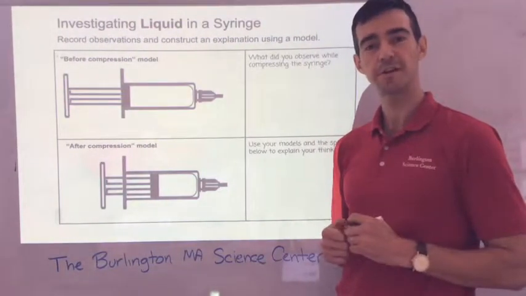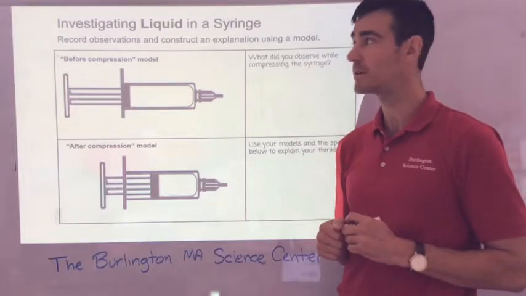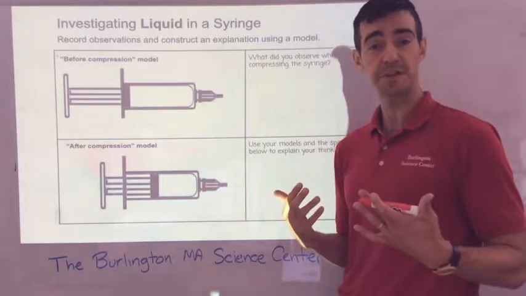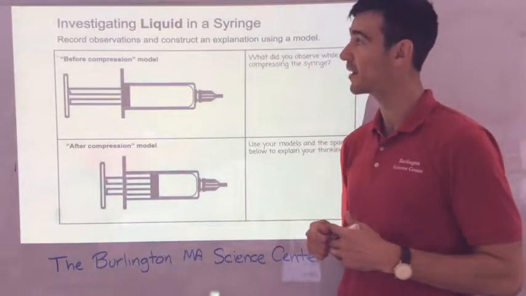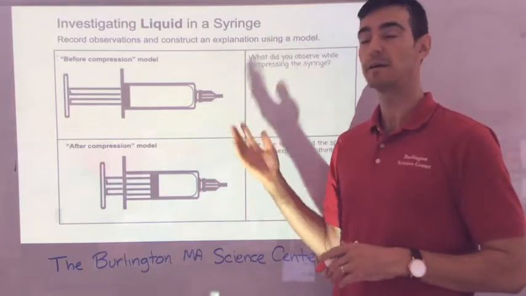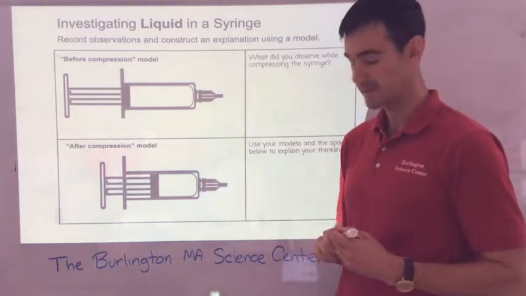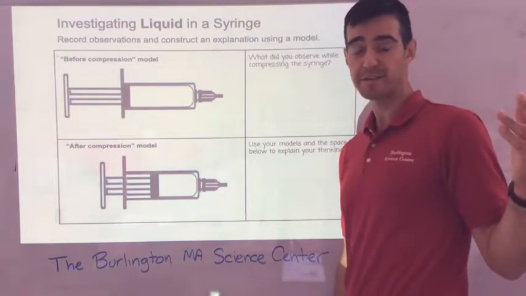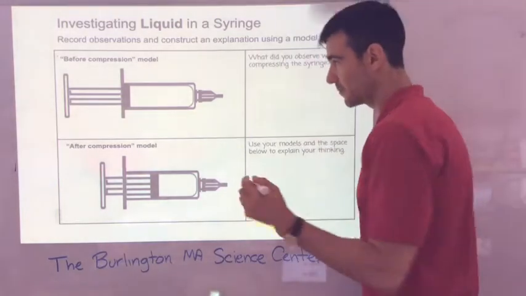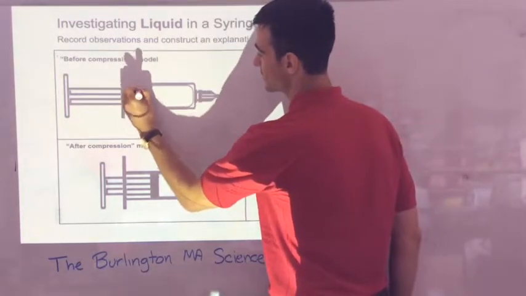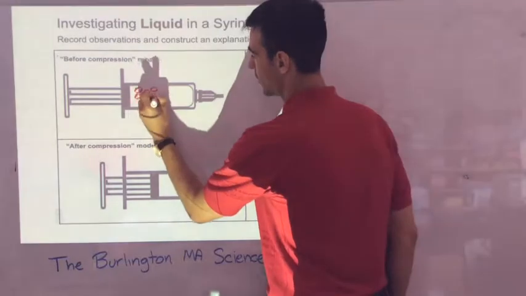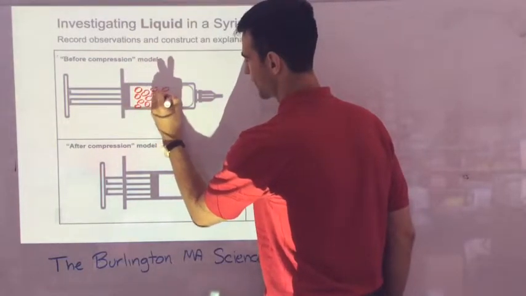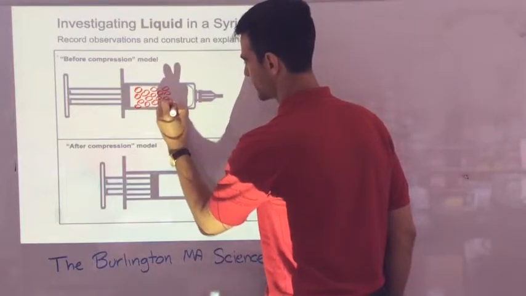Once again, we'll be turning our students' attention to their student notebooks, where they will be asked to model the observations that they made and what they felt when exploring or observing the liquid in the syringe. Now, they may once again want to reference back to previous liquid models that they observed, but what we should be seeing in students' models this time is matter that is much more tightly packed to one another in the syringe.